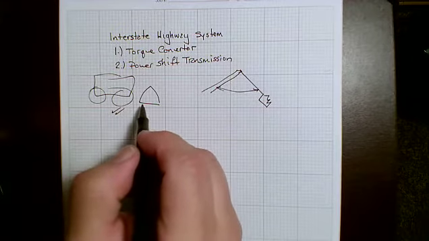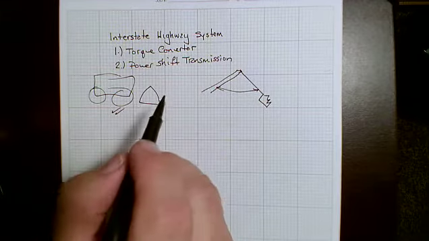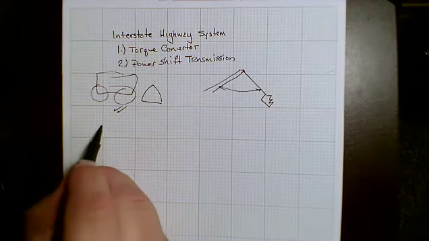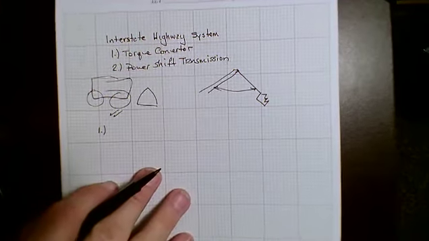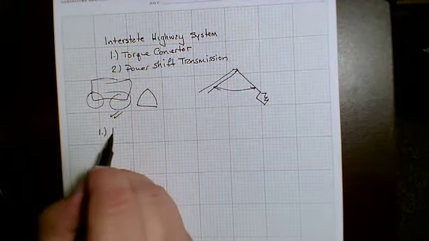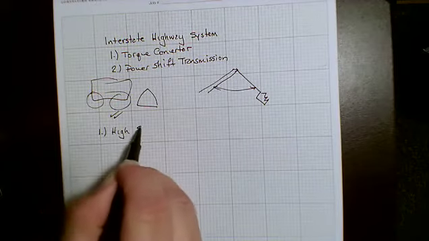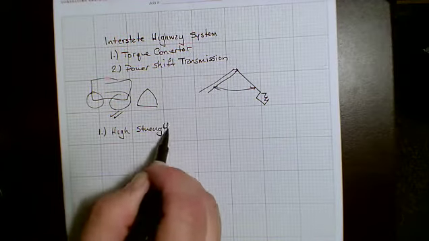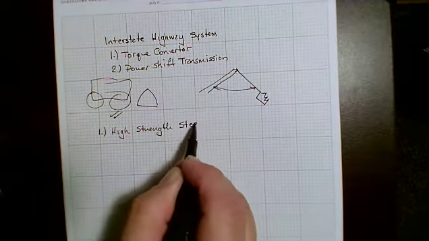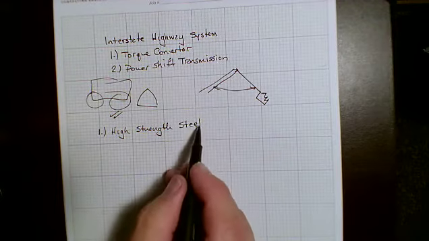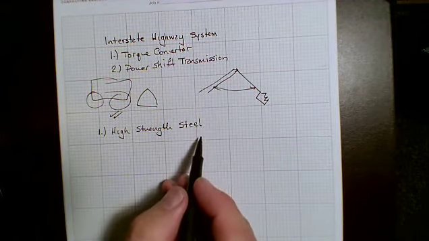There are three large changes that occur during this time. The first is high strength steel. High strength steel allows us to build lighter vehicles that are just as strong as lower strength steel.